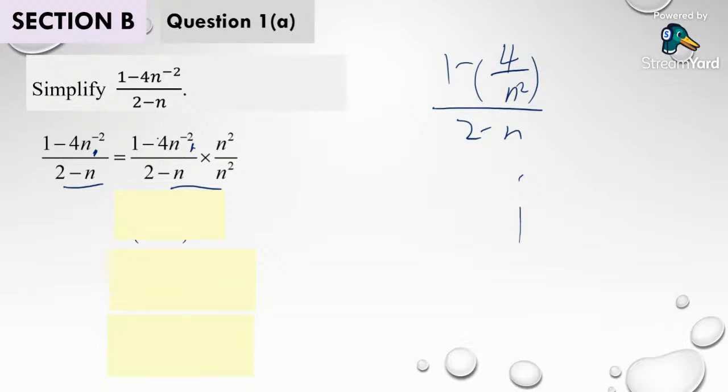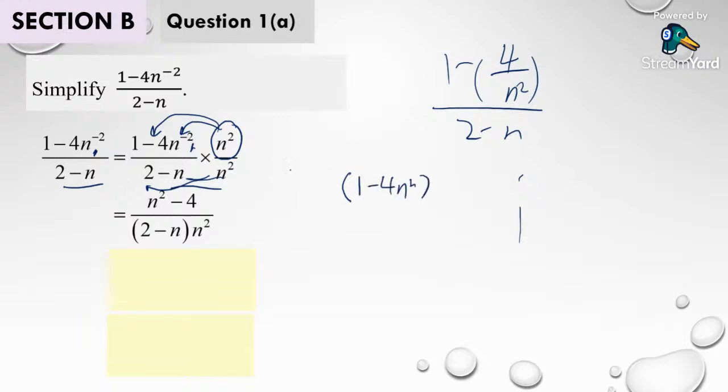So as a result, we have the n squared, we multiply accordingly, and we will have the result as follows. So, check again: 1 minus 4n to the power of minus 2, when you do multiplication of power of minus, multiply with n squared. What happened? 1 multiply n squared, we got n squared.